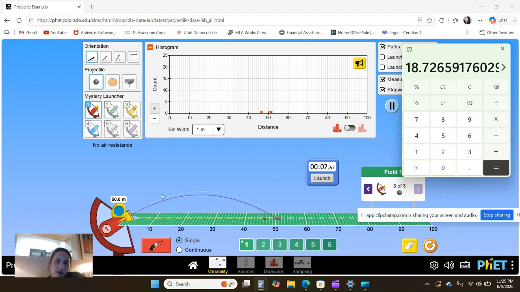That makes the time and the distance different. But basically it's gravity acting upon it because there is no air resistance. So yeah.